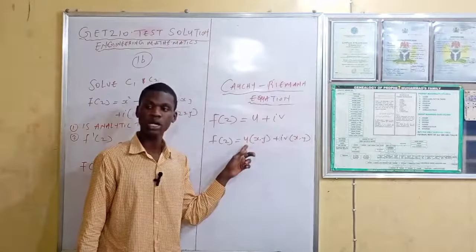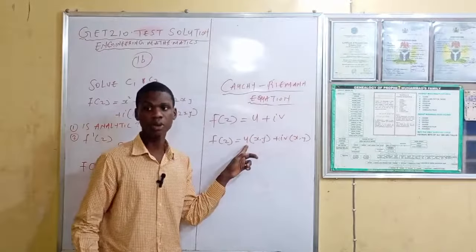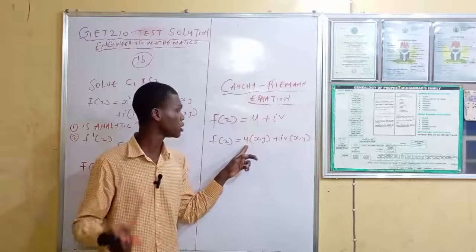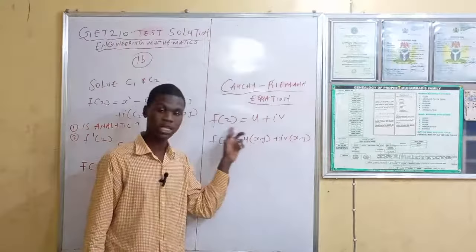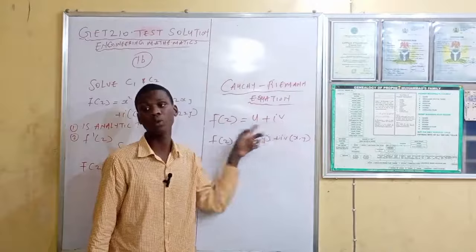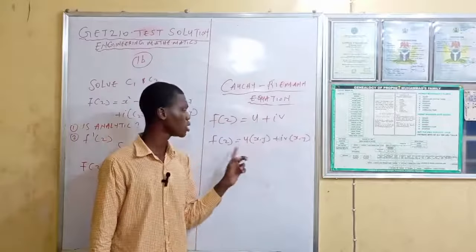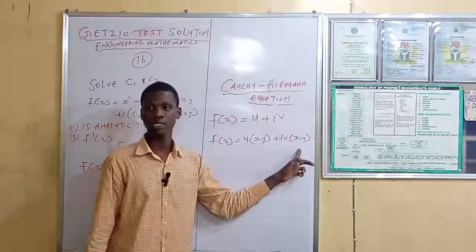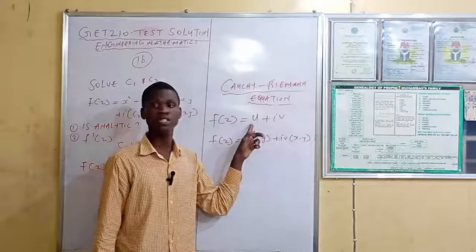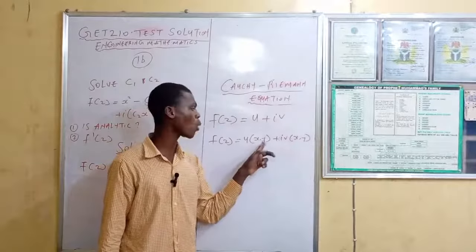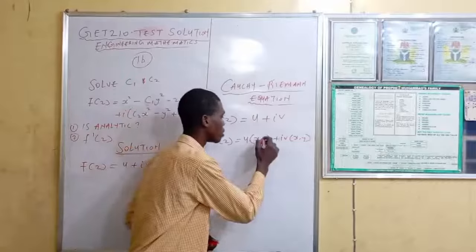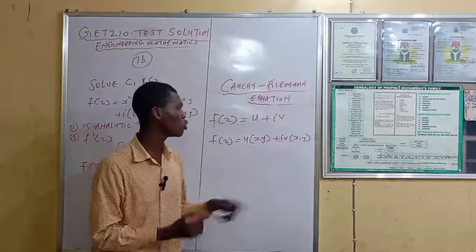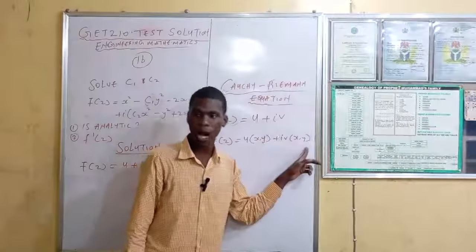Generally in Cauchy-Riemann, the first thing is that my function is expressed in terms of a complex number, which is this. Number 2, I can still rewrite this function as this. Why? Because u, which is the real part, is a function of x and y. v also is a function of x and y.